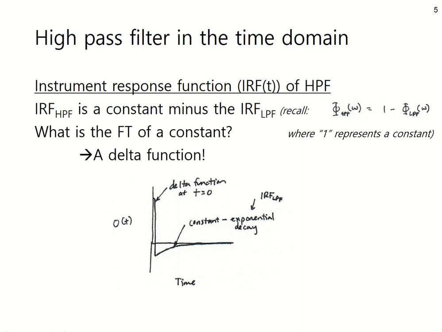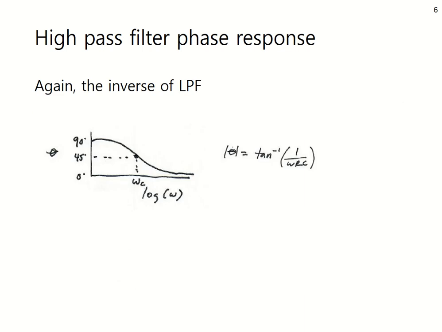And then finally, with the high pass filter, it's also useful to look at the phase response as well, since there will be some questions in Lab 3. And again, we're just seeing that it's the inverse of a low pass filter, where if you remember the low pass filter, this fraction here was flipped.